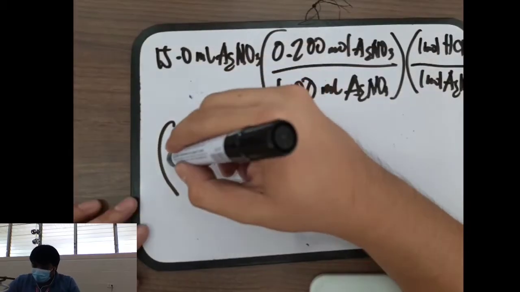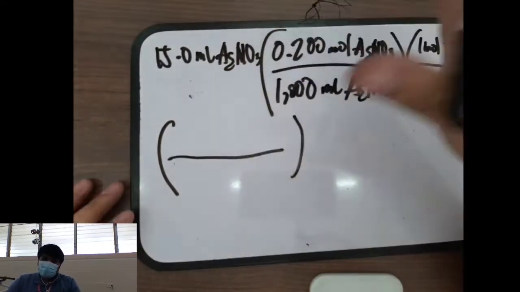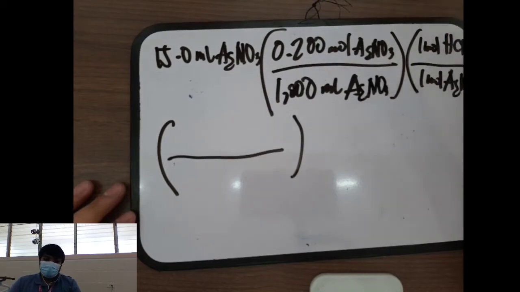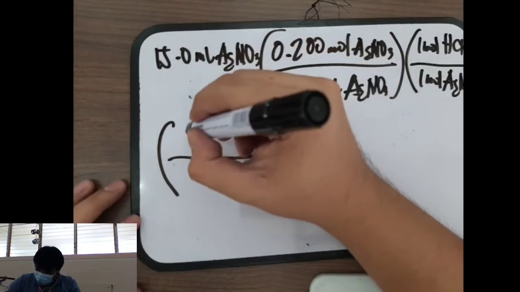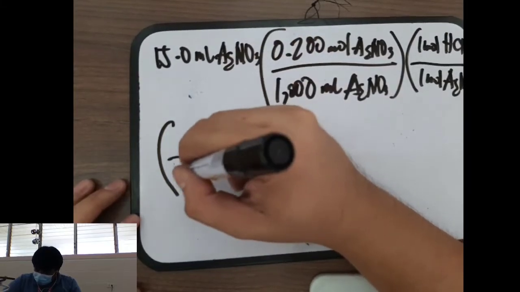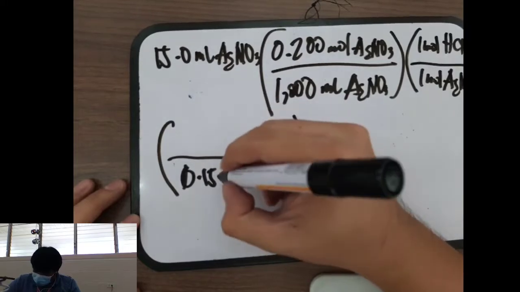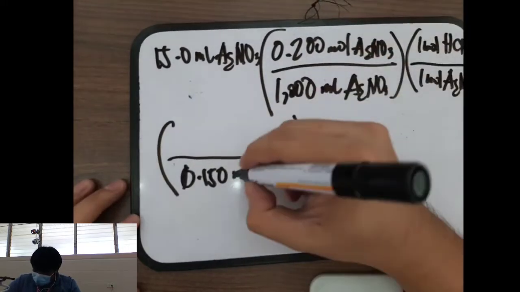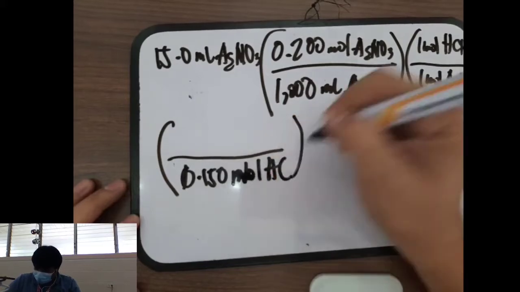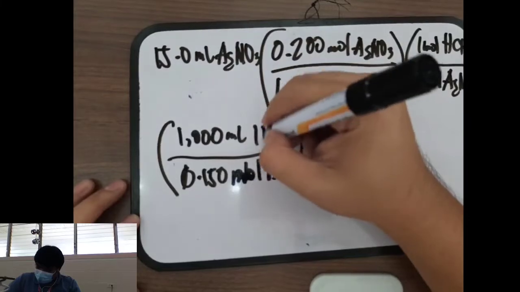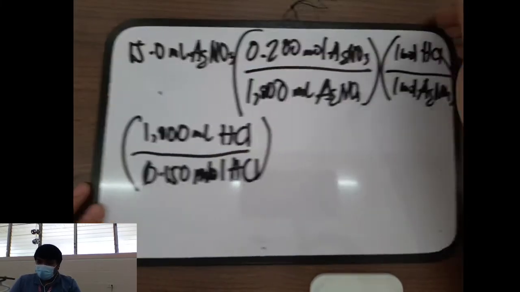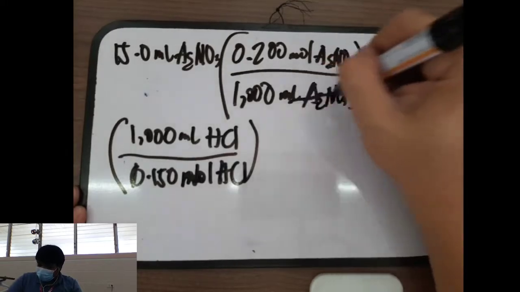So then finally, using the molarity of hydrochloric acid, we get the volume of the hydrochloric acid solution that we're going to need. Since volume is equal to number of moles divided by the molarity, we use the molarity as a conversion factor. So for every 0.150 mole of HCl, that is equivalent to 1,000 ml of that HCl solution, based on our concept of molarity. So we cancel our values.